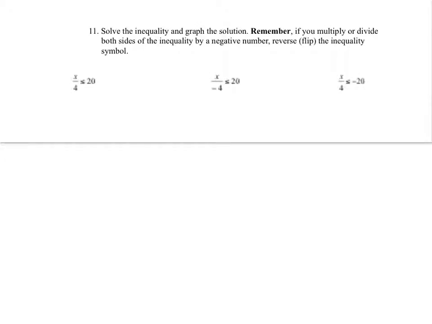And then number 11, solve the inequality and graph the solution. Remember, if you multiply or divide both sides of the inequality by a negative number, reverse or flip the inequality symbol. Okay?